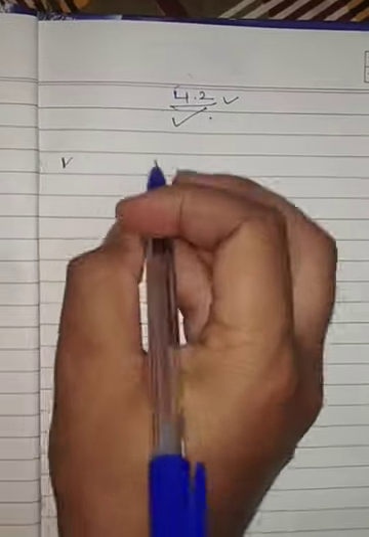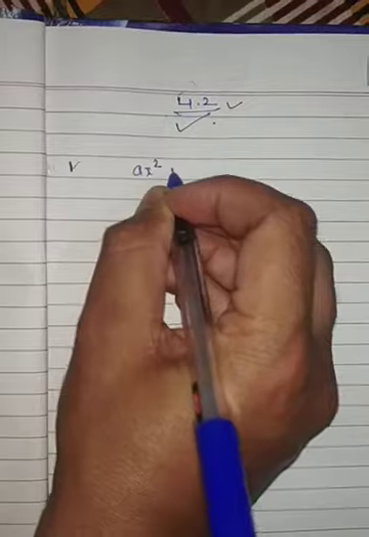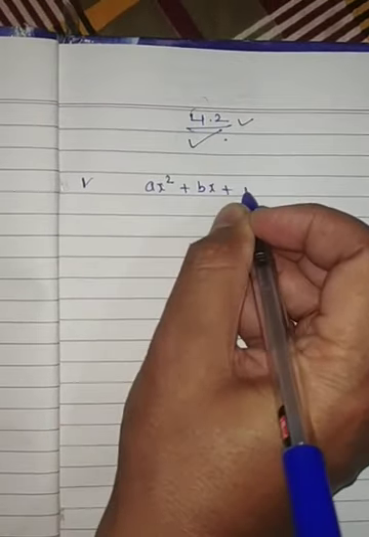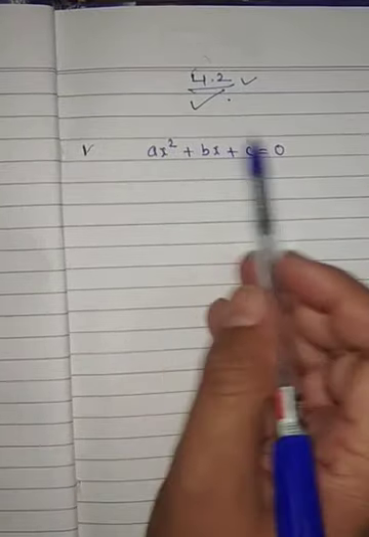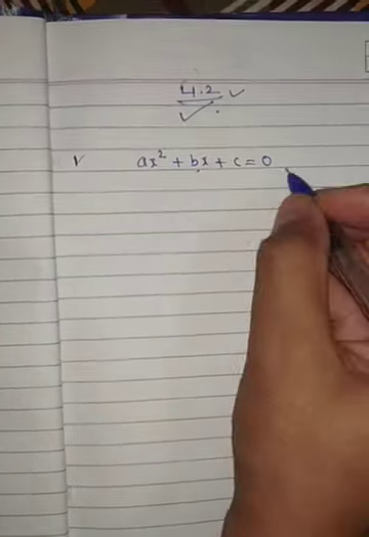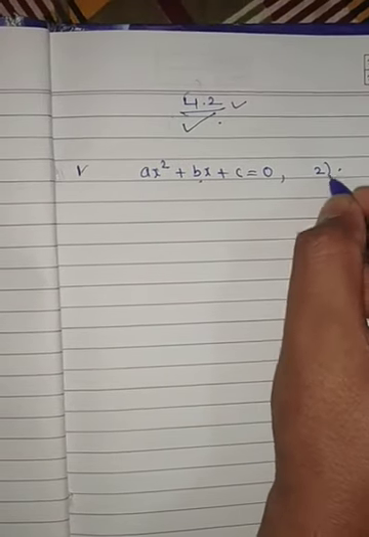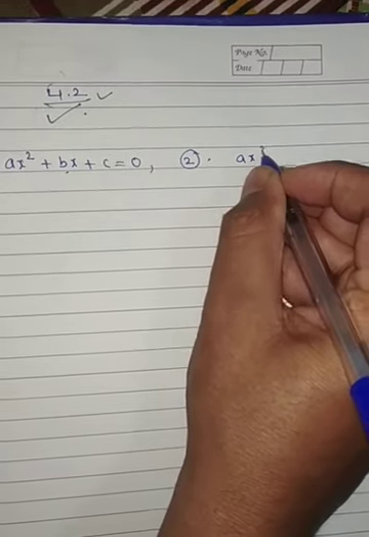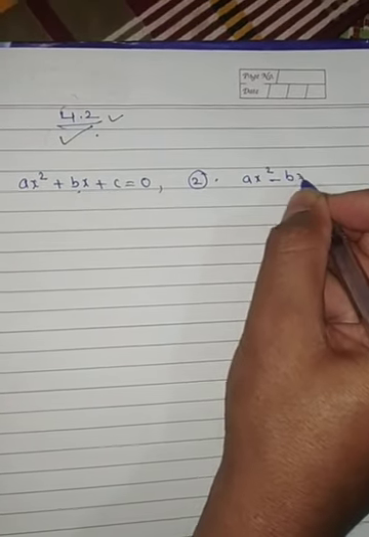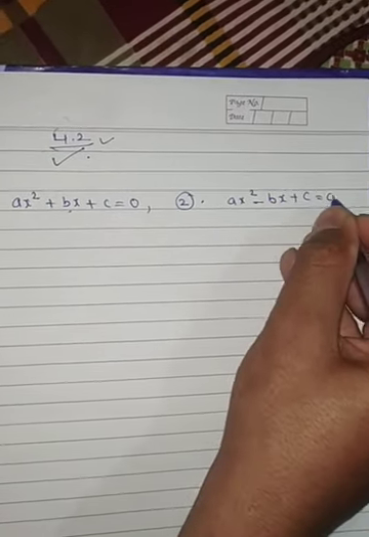First of all, I'm going to discuss here some basic terms related to this 4.2 exercise. Okay, so I'm writing here equation 1, that is ax square plus bx plus c equal to 0. I am taking this because whatever factors I get, when I put them in it, my answer will always be 0. Okay, the second equation is there, ax square minus bx plus c equal to 0.